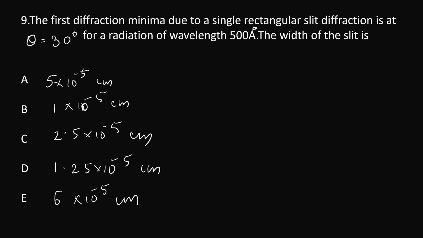The first diffraction minima due to a single rectangular slit diffraction is at θ = 30 degree for a radiation of wavelength 500 Armstrong. The width of the slit is?